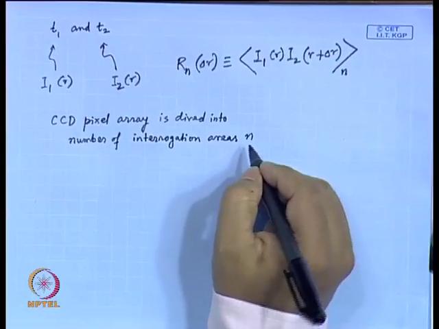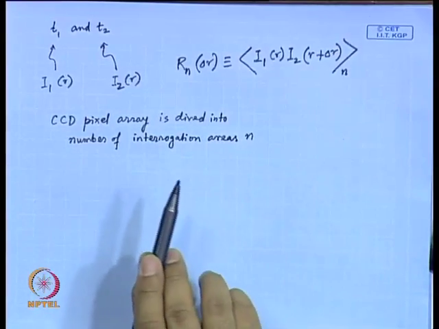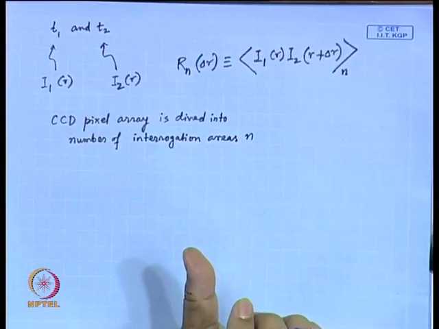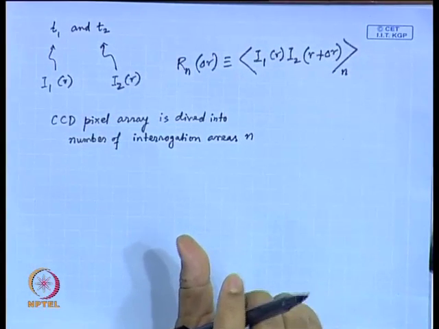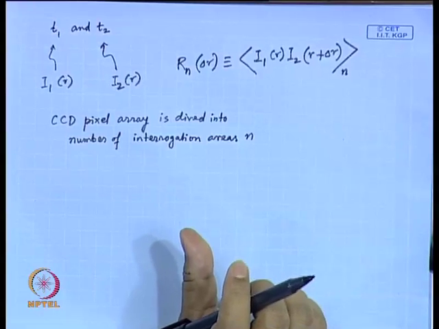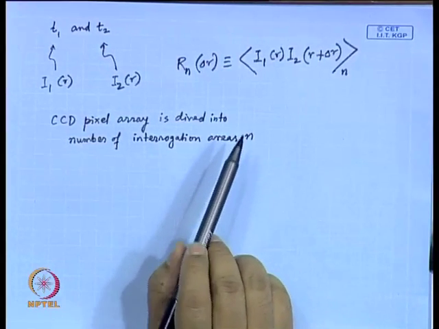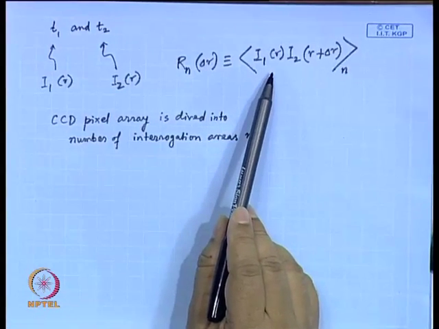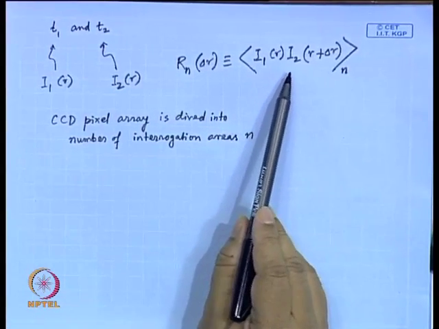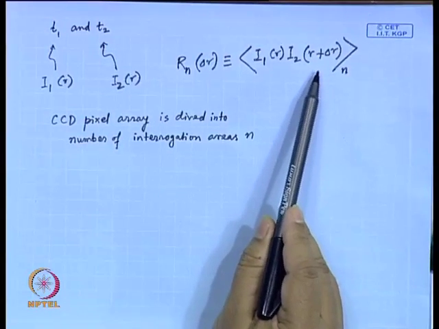Okay. Within that array of pixels, you have identified one interrogation area, and within that interrogation area you are finding I1 at a location r and I2 at a different location r plus delta r.